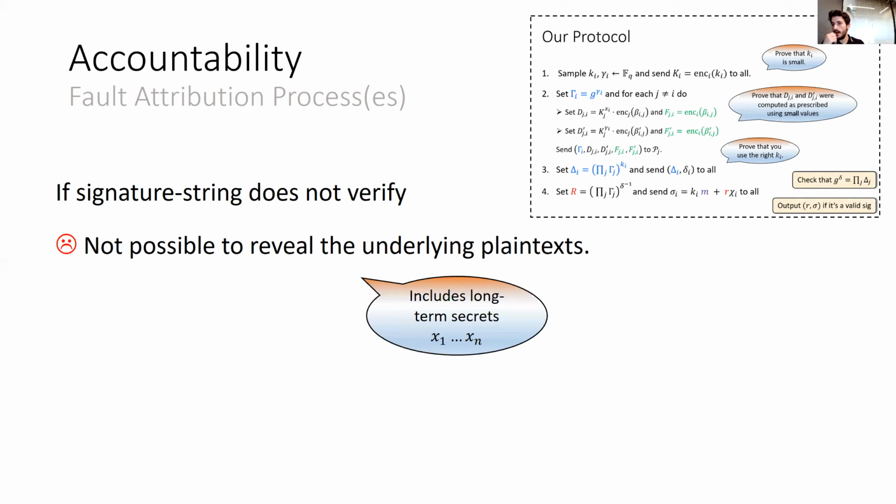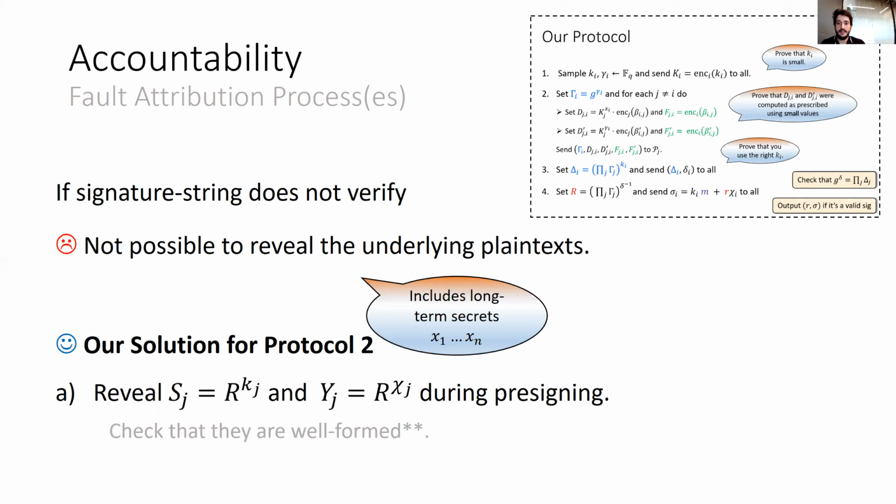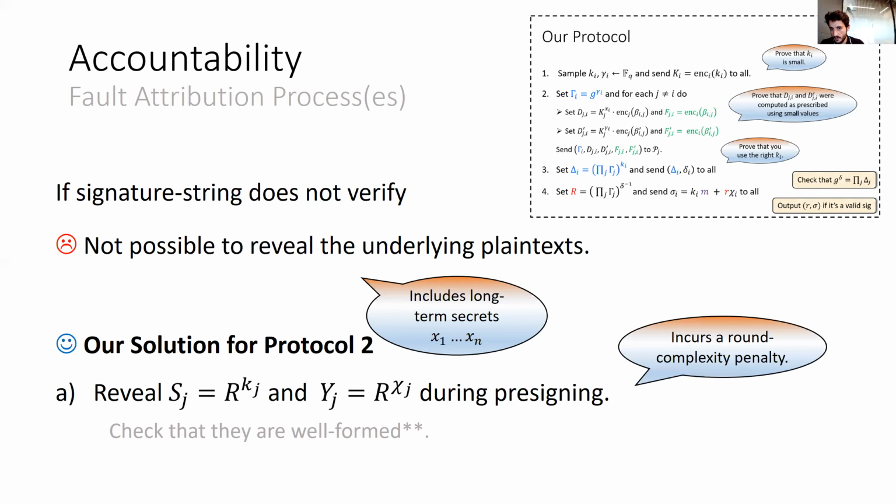So let me tell you how we identify corrupted parties in this case. So the idea is to commit to the pre-signing data, the Ki and the Chi, in the exponent of the nonce by publishing what I've denoted here as J and Yj during the pre-signing. This incurs a small round complexity penalty.